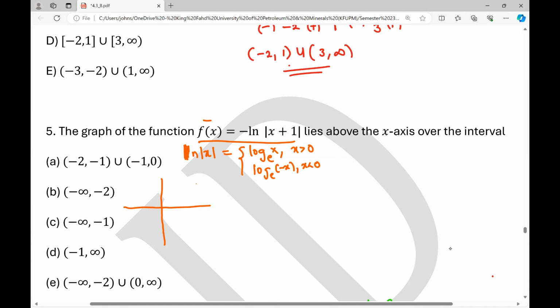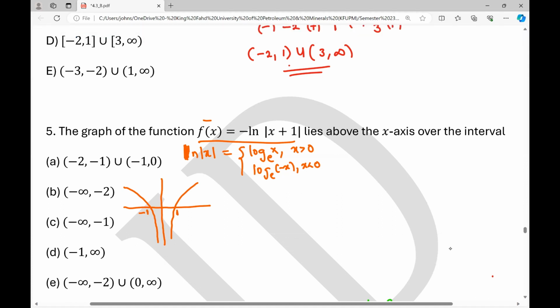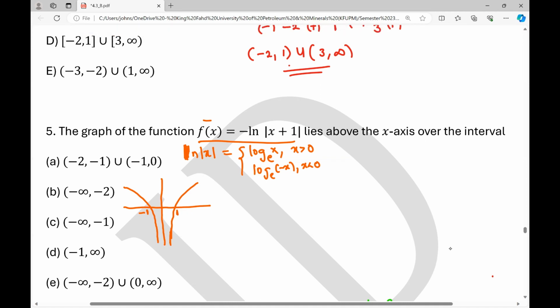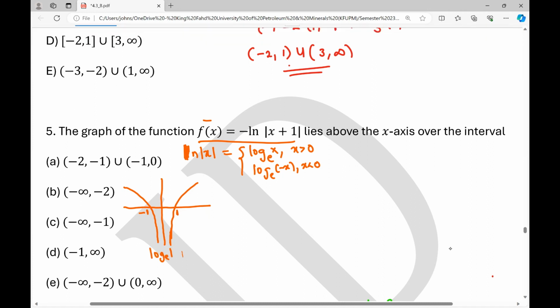This will be this one and this one. So this will cross the x-axis at 1, and this will be at minus 1. So here you can see that the vertical asymptote is x equals 0. So this is the graph of log to base e of the absolute value of x.